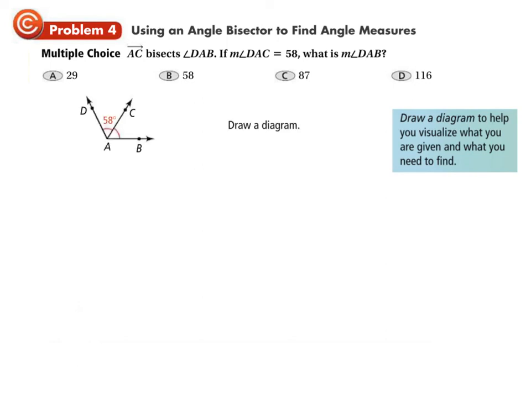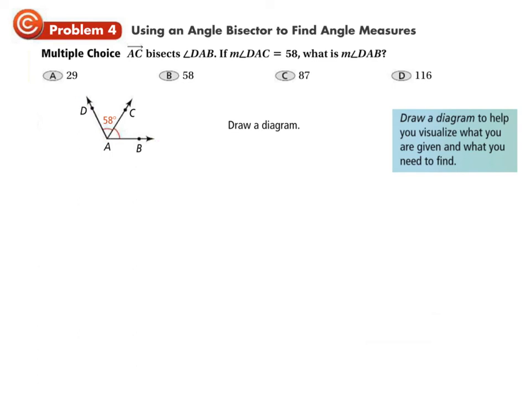We can see in this diagram that we've got angle DAB right here, and then we draw the angle bisector of ray AC, starting at the vertex point, going through C, and putting angle marks showing that this smaller angle now is congruent to this smaller angle. If the measure of angle DAC is 58, what is the measure of angle DAB, the entire larger angle?